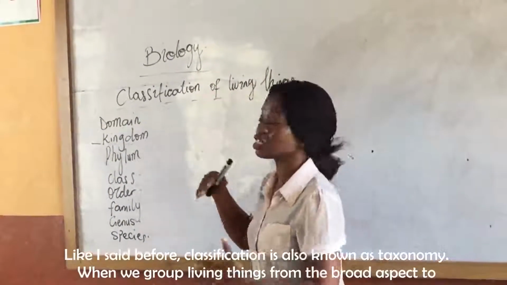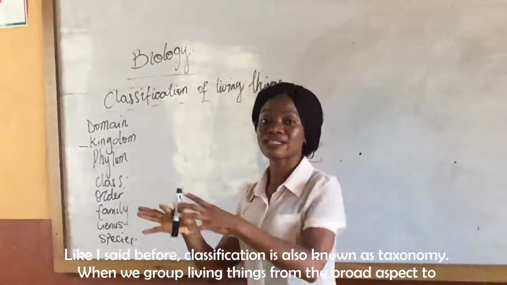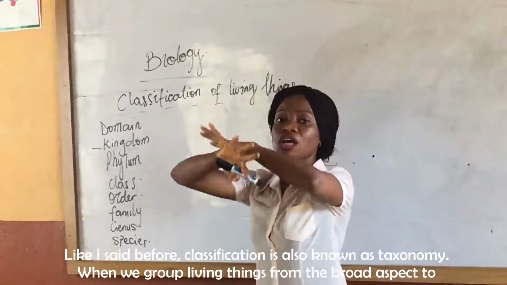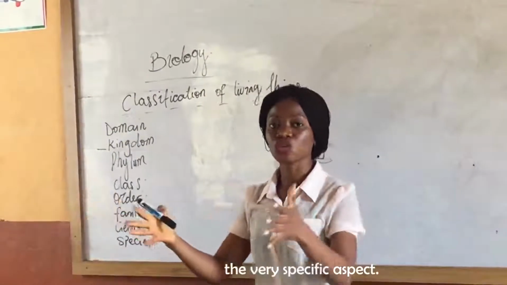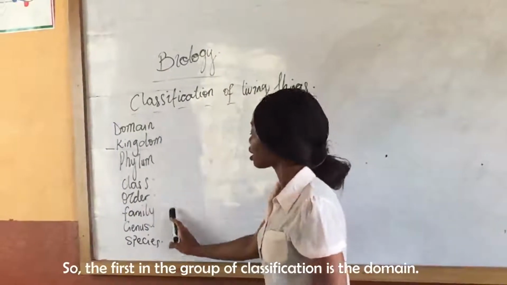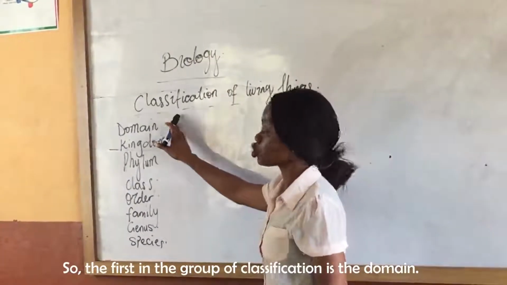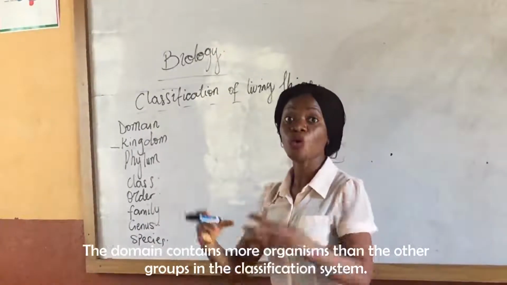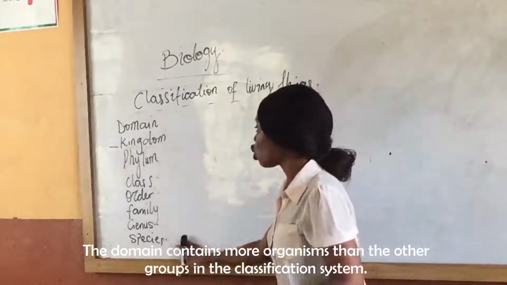Like I said before, classification is also known as taxonomy, when we group living things from a very broad aspect to what? A very specific aspect. So the first of all the group is what? The domain. The domain contains more organisms, more living things than every other one.